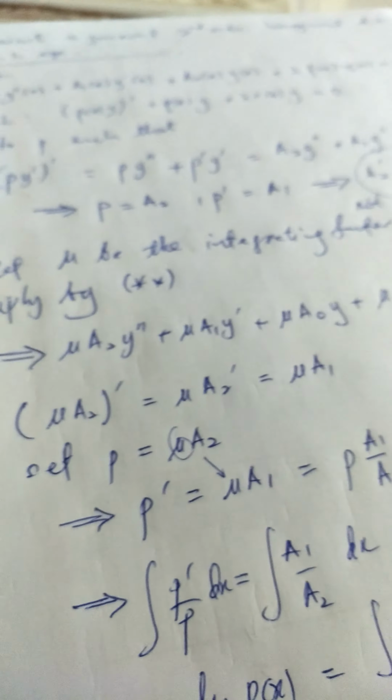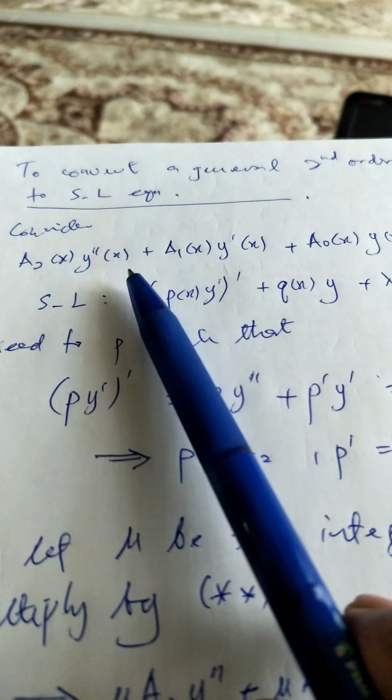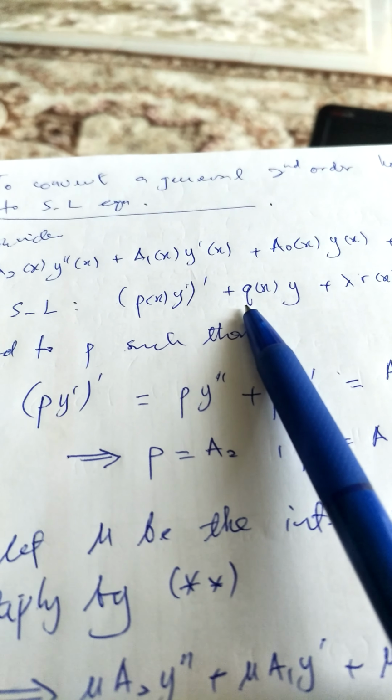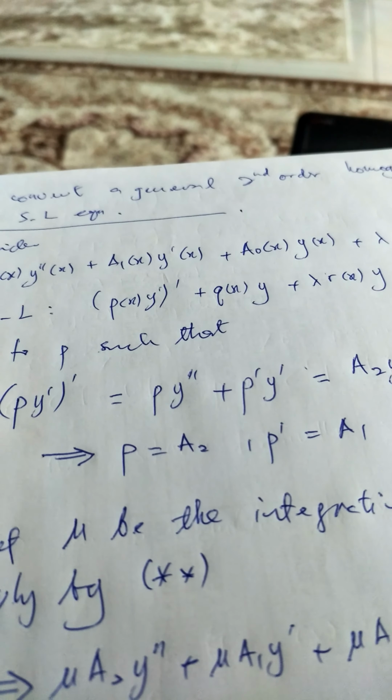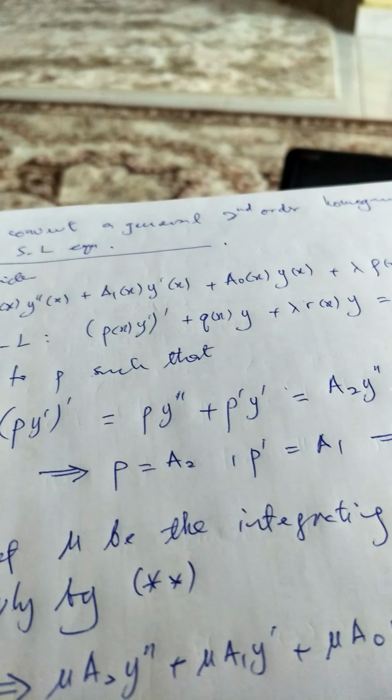The main point here is that to convert the general second order differential equation into the Sturm equation, we need to multiply through by the integrating factor. Now let me give you an example of how to do this.